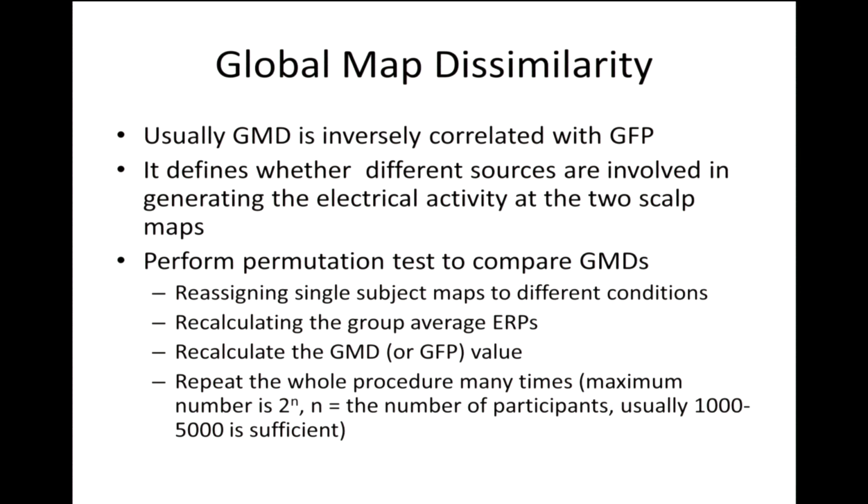Now you can calculate the exact probability: what is the probability of getting this GFP given the null hypothesis is true. With that you can determine whether, in your window or at this time point, GFP is statistically significantly different between the two conditions by this permutation test.